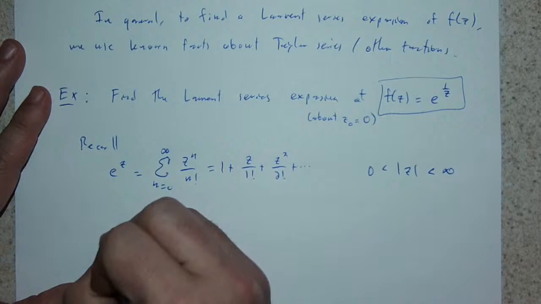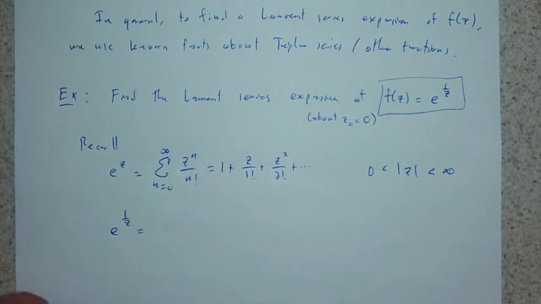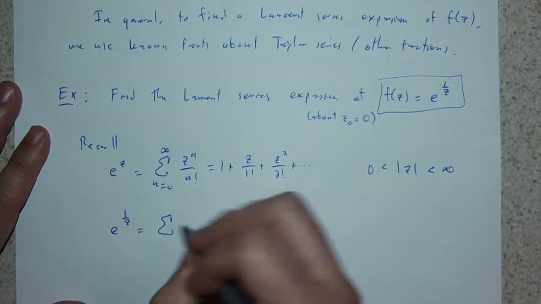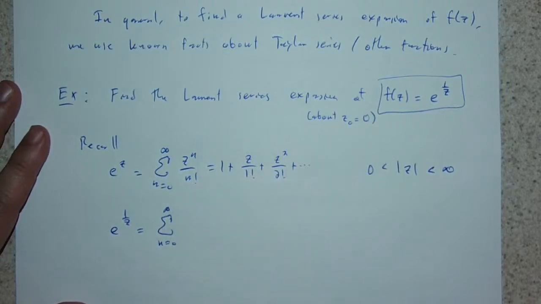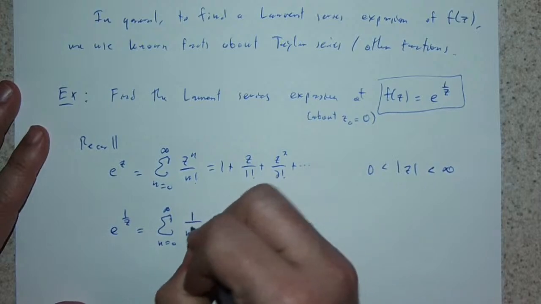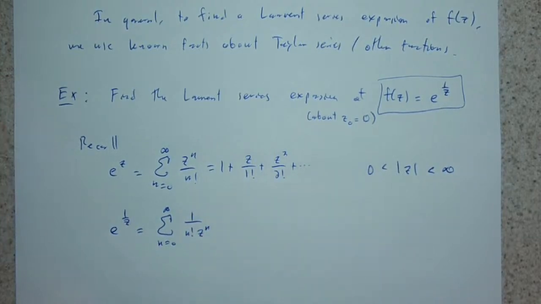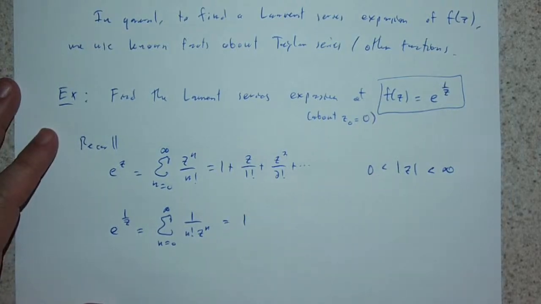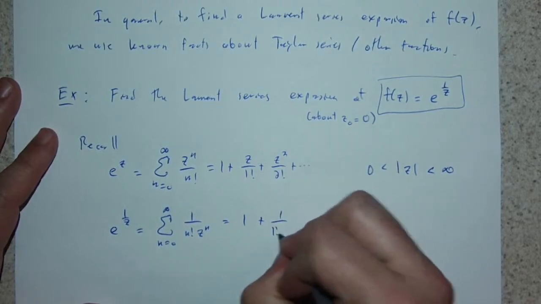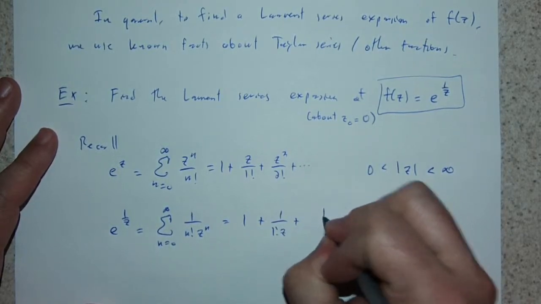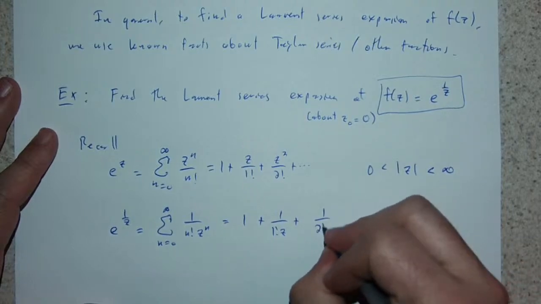Okay, then e to the 1 over z, if I just formally replace z by 1 over z here, what do I get? This is going to be the sum from n equals 0 to infinity of 1 over n factorial times z to the n, where, of course, the z's are in the denominator. Writing this out, this is 1 plus 1 over 1 factorial times z plus 1 over 2 factorial times z squared, and so on.